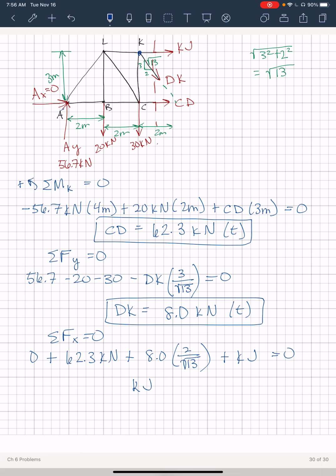So we get KJ equals, and it's going to be a negative number, negative 66.7 kilonewtons. So we just guessed the direction wrong. It's 66.7 kilonewtons, and it's actually in compression.